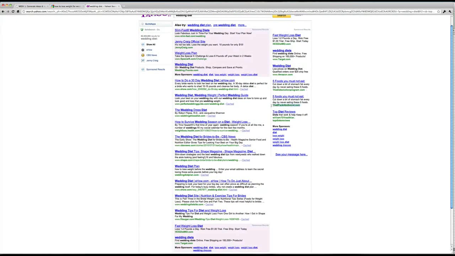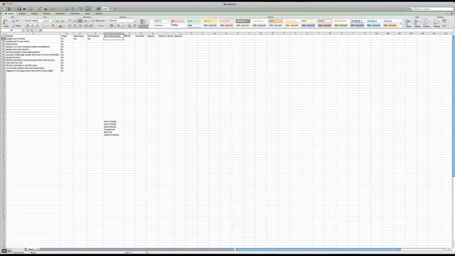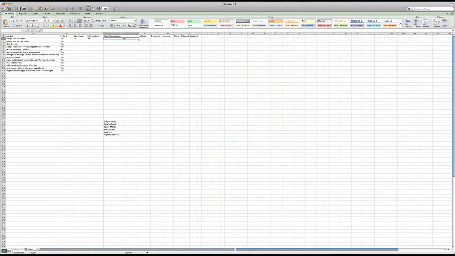Six-pack ab secret, that's an info product. That's an info product. So in this market, main monetization to me is three things: programs, supplements, and info.